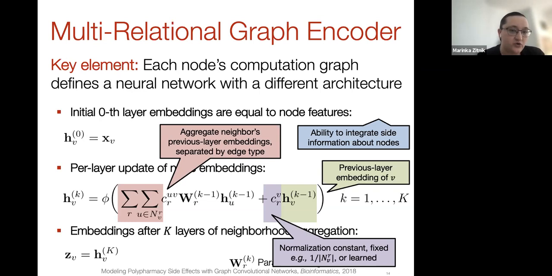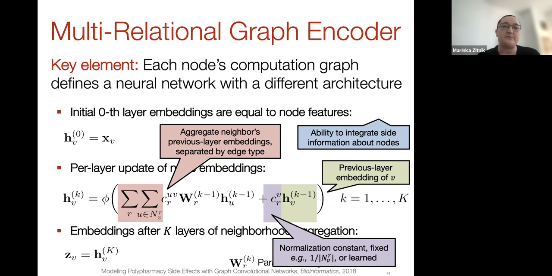Why is it important to have these W matrices specific to edge type? Because it is simply relatively naive to assume that there is a single way to aggregate neural information from neighbors of a node, independent of the edge types that those nodes connect to, right?